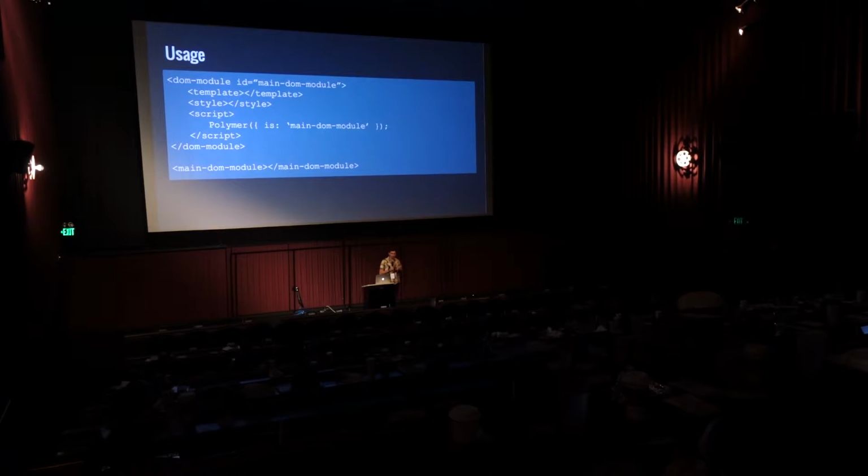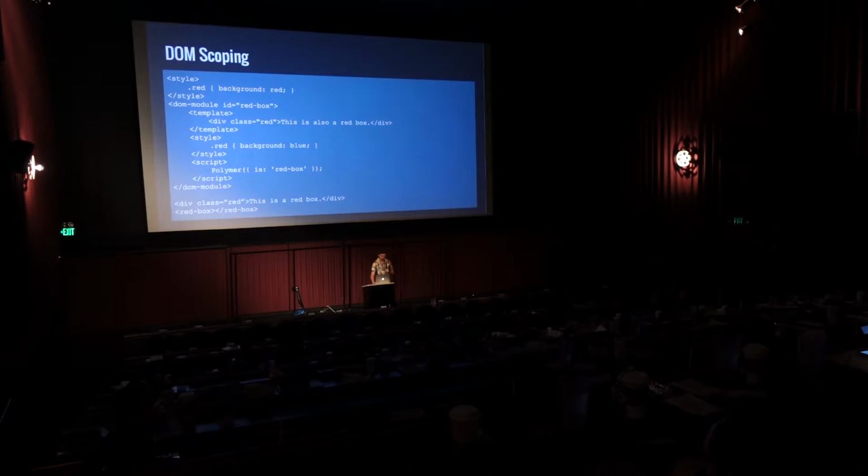There are other features that we'll see in life cycles and how they apply to the other technologies in a little bit, but it's really simple. As soon as you register main DOM module is, you can use it like any other HTML tag.